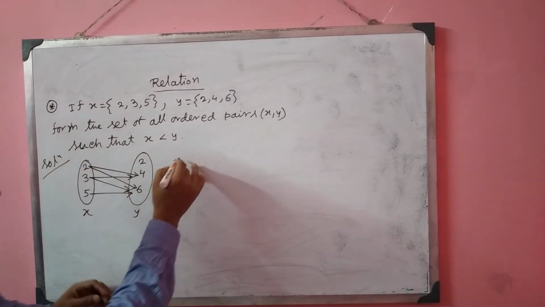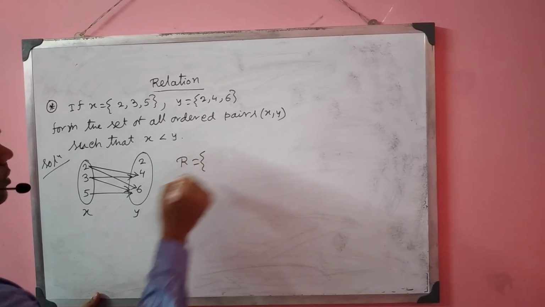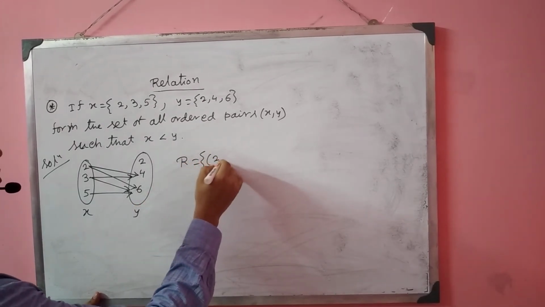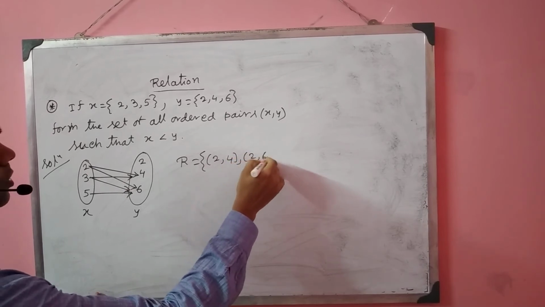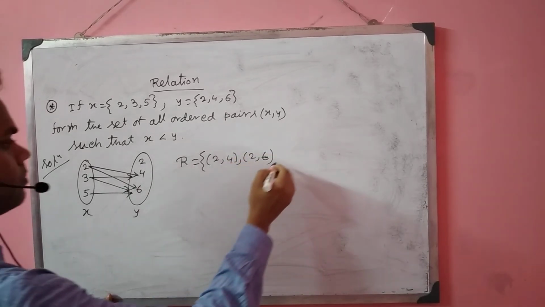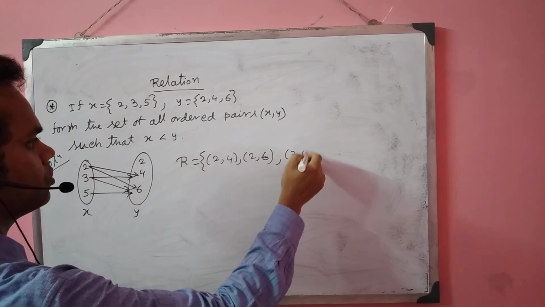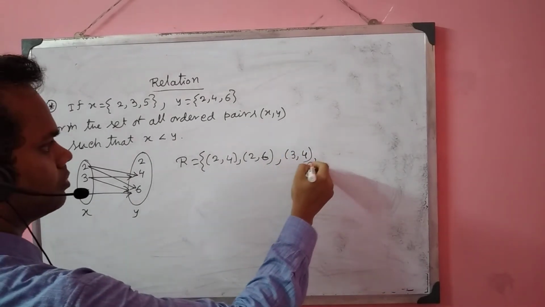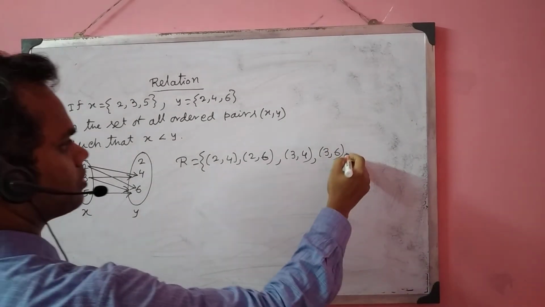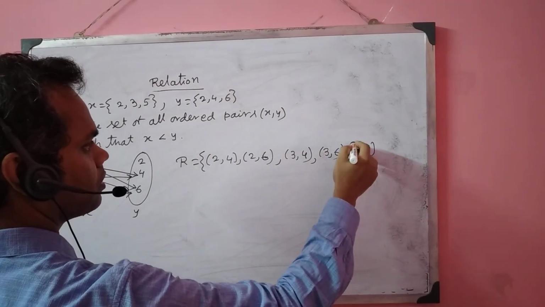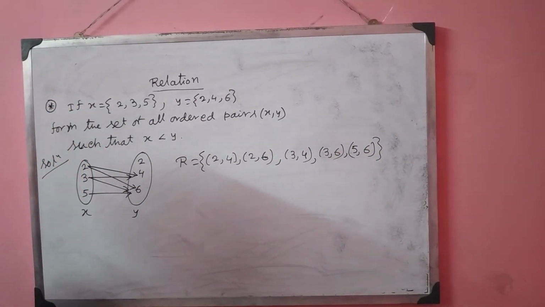So the total relation is (2, 4), (2, 6), (3, 4), (3, 6) and (5, 6).